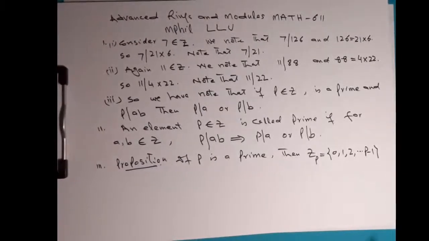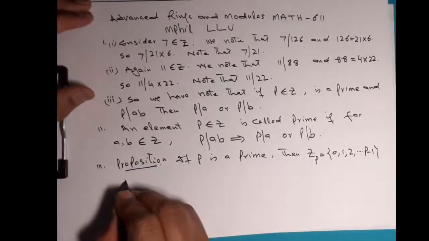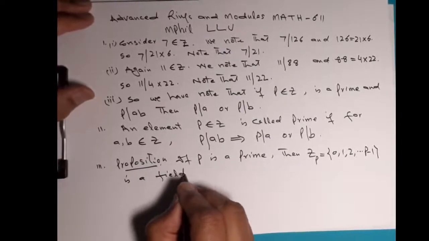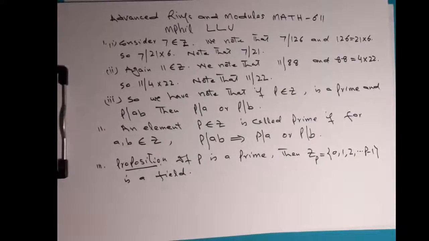Then Z_P is a field. Note that we have proved that a finite integral domain is a field. We will use this proposition in order to prove that Z_P is a field.